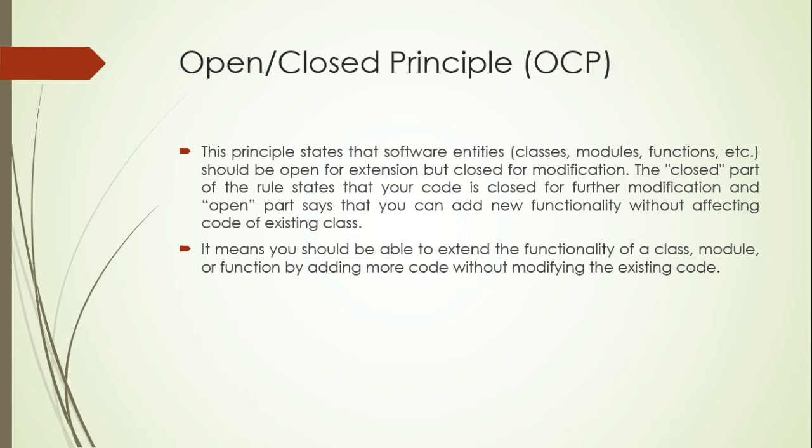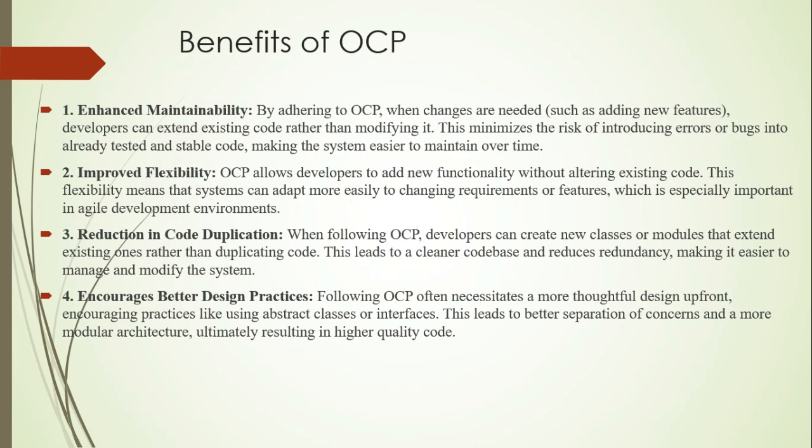The closed part of the rule states that your code is closed for further modification, and the open part says you can add new functionality without affecting the code of the existing class. It means you should be able to extend the functionality of a class, module, or function by adding more code without modifying the existing code. Why do we use OCP?